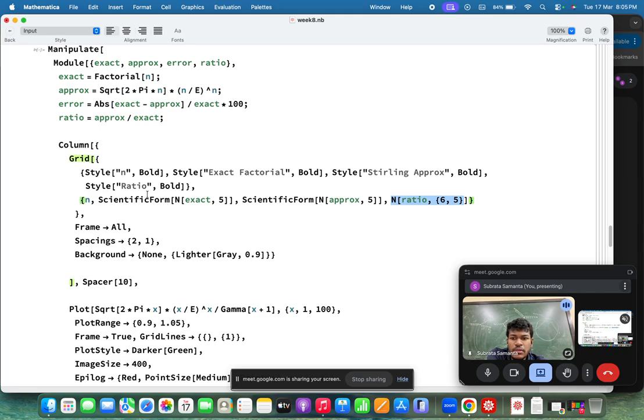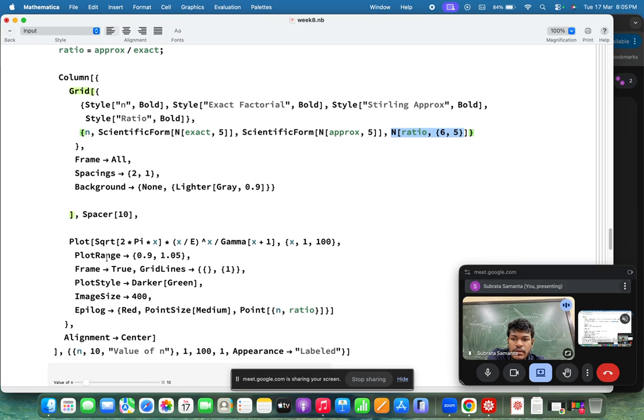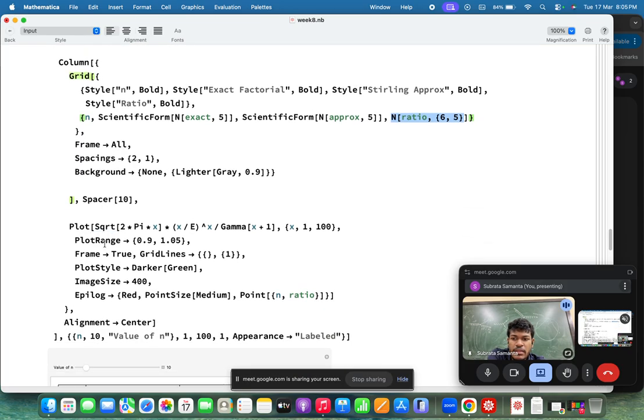So, this is the grid. Basically I make a table here, I put some space, and then I plot.